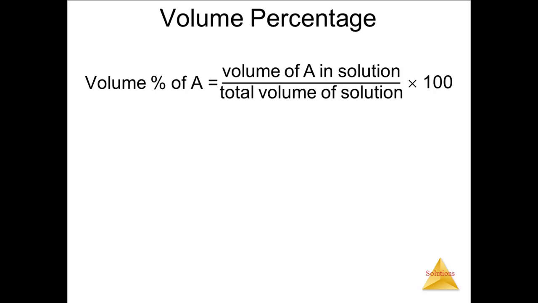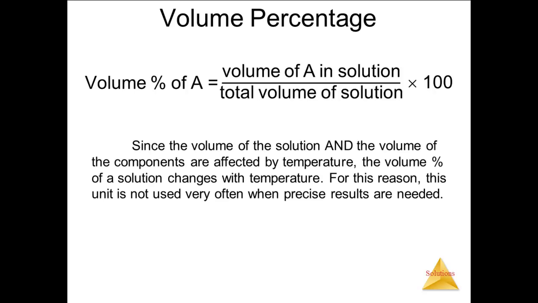We cannot simply add the volumes of the components of the solution, since the volumes are often not additive. The volume percent is not constant, since the volume of a liquid changes with temperature, so it must be defined at a particular temperature. This lack of a constant value means that it is seldom used when high precision is desired.